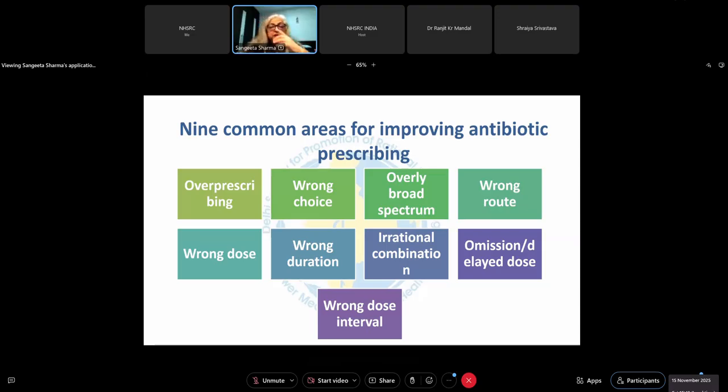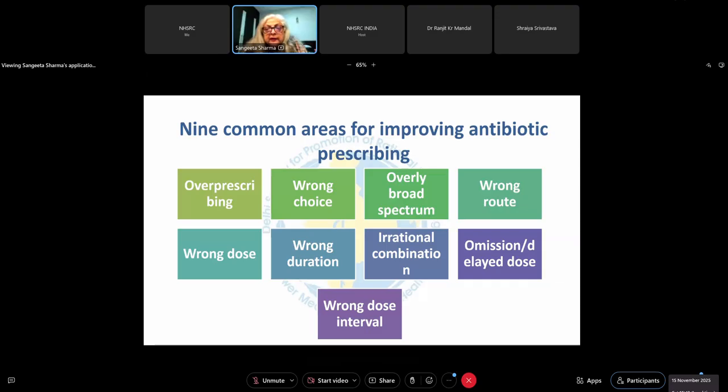This is called redundant cover. This is not going to help us. And of course, there are several irrational combinations which are not justified. There is no rationale behind them, but they are available in the market, so there is a temptation to use these irrational combinations.